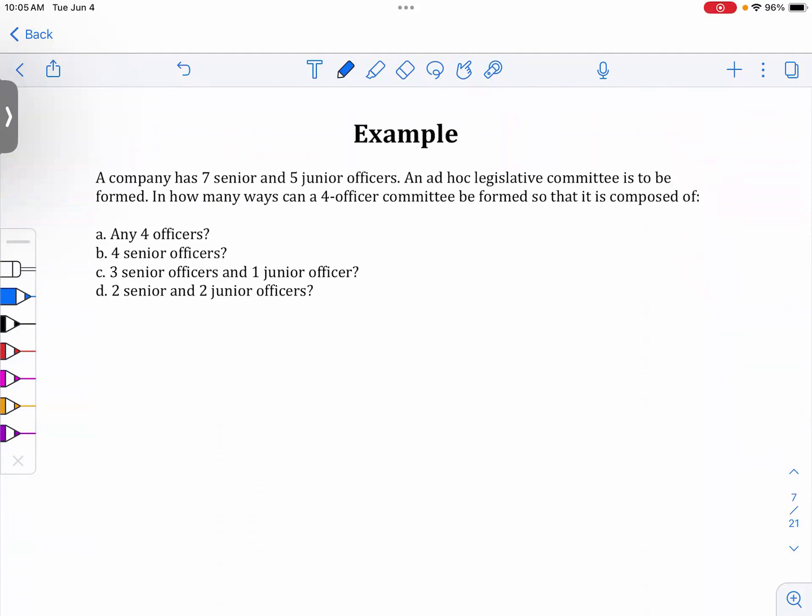All right. A company has 7 senior and 5 junior officers. An ad hoc legislative committee is to be formed. In how many ways can a 4-officer committee be formed so that it is composed of? Right. Then we have options, which are basically going to break us into various groups. Any 4 officers. So in this case, no repeats.